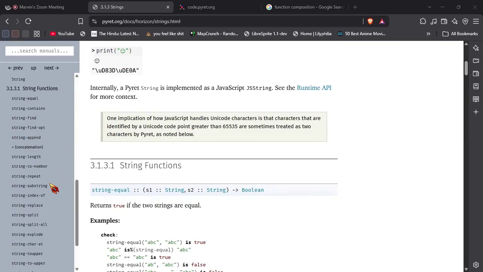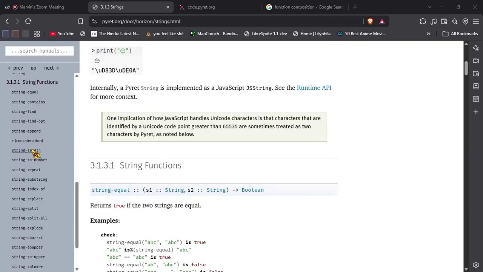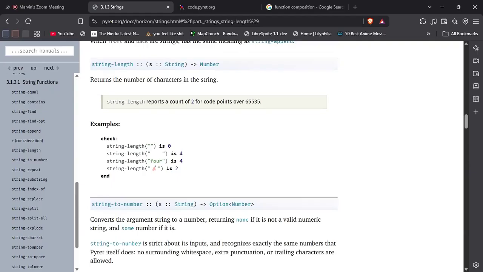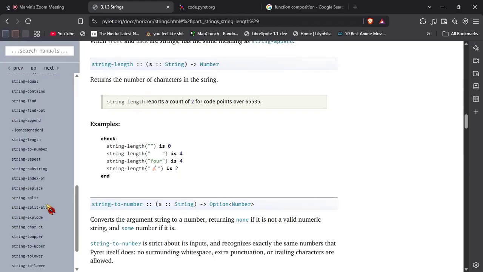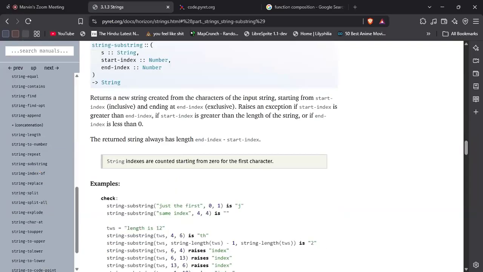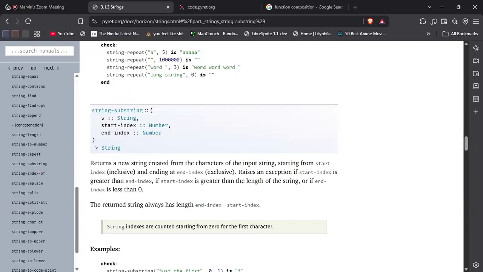String length? Okay, how does it help us? No, that just tells you the length of the string. Substring.